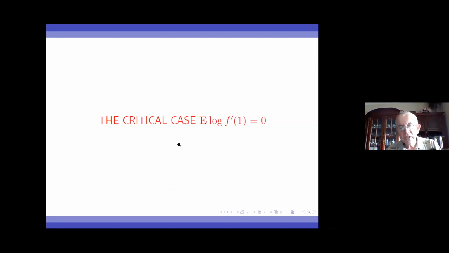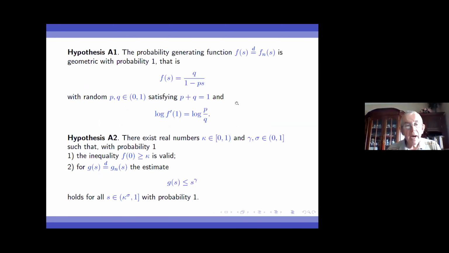So first of all I will mention the result about the critical case. This is expectation of log f prime equal to 0. I will consider only fractional linear generating functions, so geometric distribution. The reason for considering this class of processes is twofold.